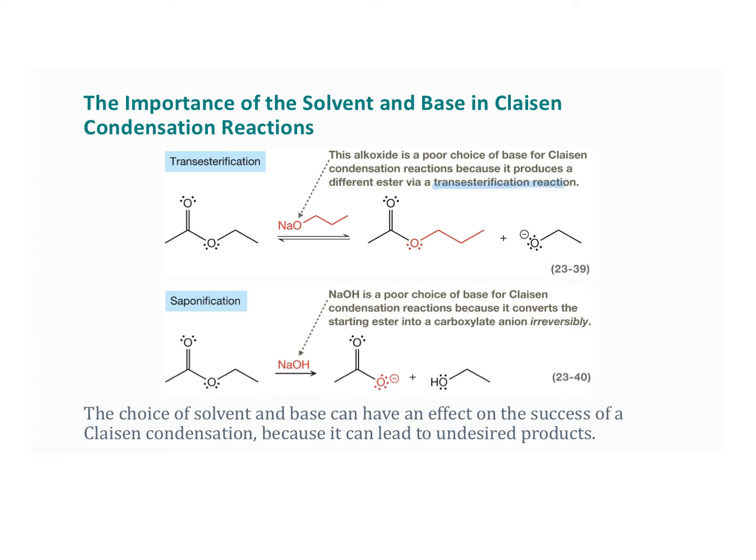If hydroxide were used for the base, then saponification, right, would irreversibly convert the ester to a carboxylate anion. These problems are completely avoided when ethoxide is the base. Transesterifications still occur, but the esterification product is identical to the initial ester.